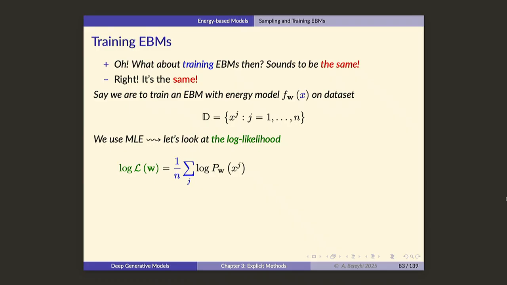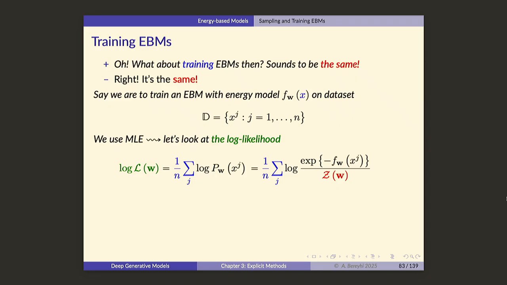What is this P_W here? It is the distribution of my model. How can I write it down in energy-based models? Boltzmann. Great. So I'm going to replace it with the Boltzmann expression. It's going to be e to the power minus my energy model divided by the partition function.